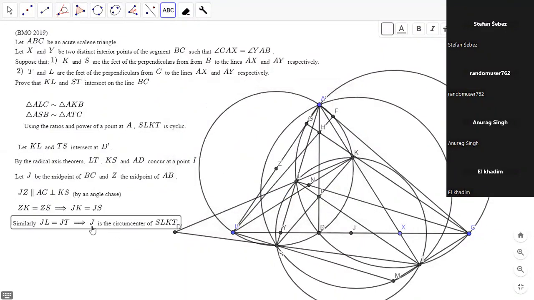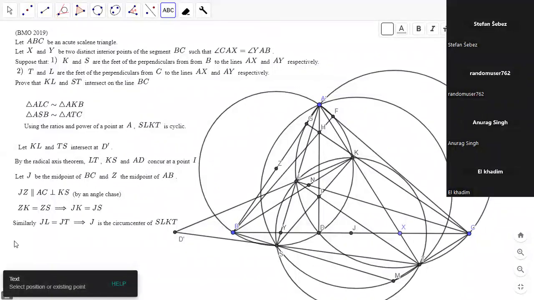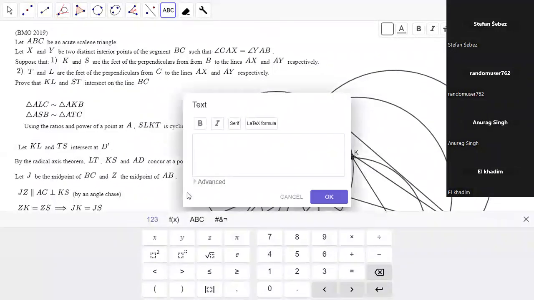Is that right? And then once we know that, by Brocard's theorem, JD prime is perpendicular to AI. So that implies that D prime lies on BC.